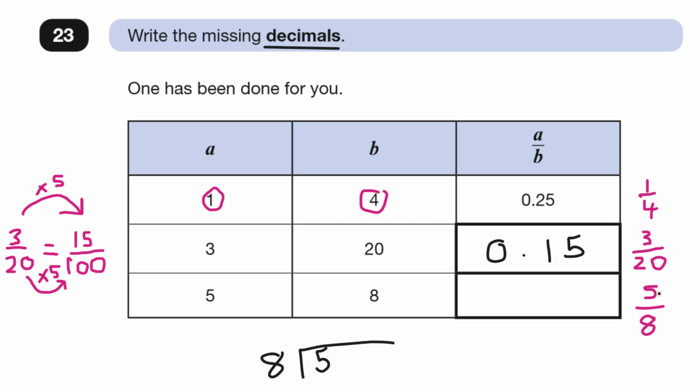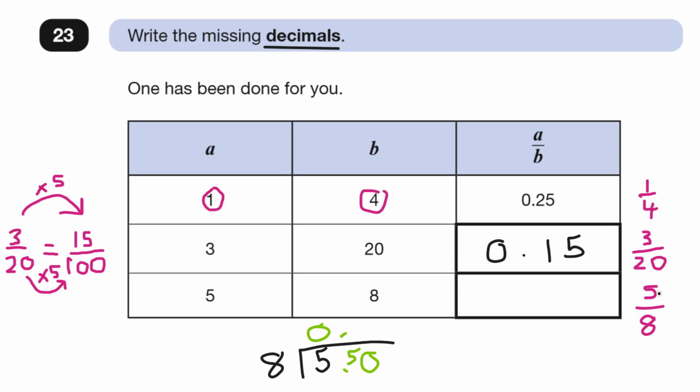We're getting a decimal number, which means the number's going to be less than 1. So I'm going to put the answer in a different colour. 8 doesn't go into 5, we know. So we're going to put a decimal here and a decimal here, a 0 here. We didn't use that 5, did we? 8 didn't go into 5, we've put 0. So we still need to use it. We're going to carry it over like this.